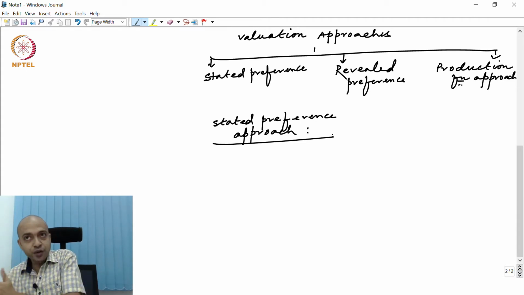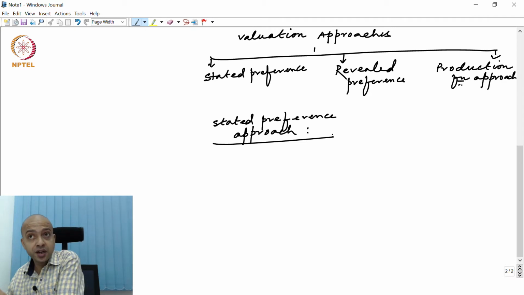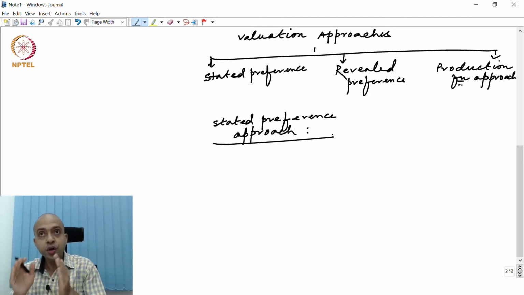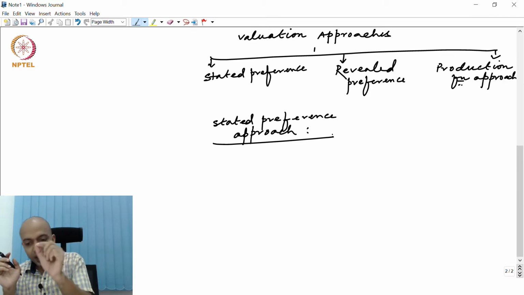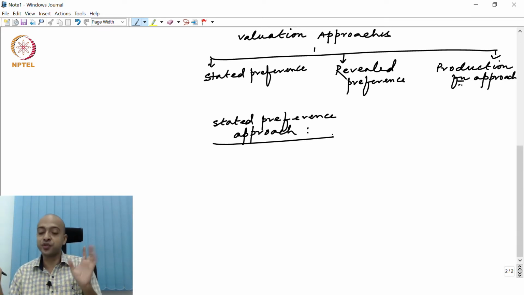Since there is no direct market for the environmental goods and services, we create a hypothetical market for environmental goods and services. How to create that market, that we will discuss in detail in a later part of our discussion.